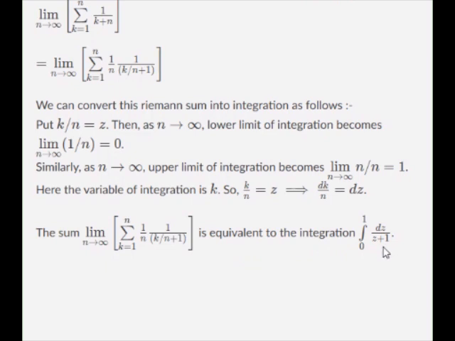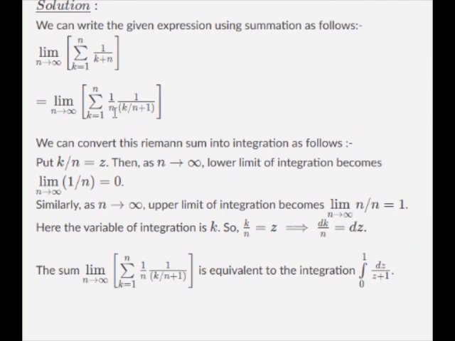How it came, let us see. The upper limit and lower limit we have found as 1 and 0, and the expression dk by n, here it is 1 by n, and we can assume dk here, as k is the variable running from 1 to n. So dk by n here becomes dz.